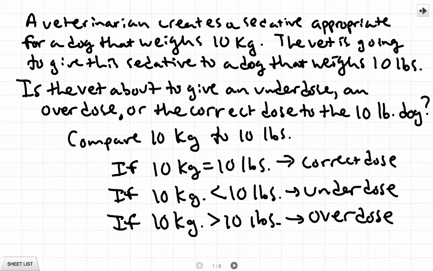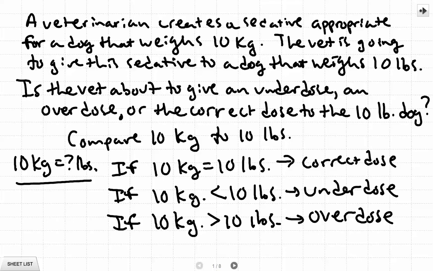So the simplest way to figure out the relationship between the 10 kilograms and the 10 pounds is to take the 10 kilograms and change it into pounds. So if we can figure out how many pounds is equivalent to 10 kilograms, we can then answer the question.